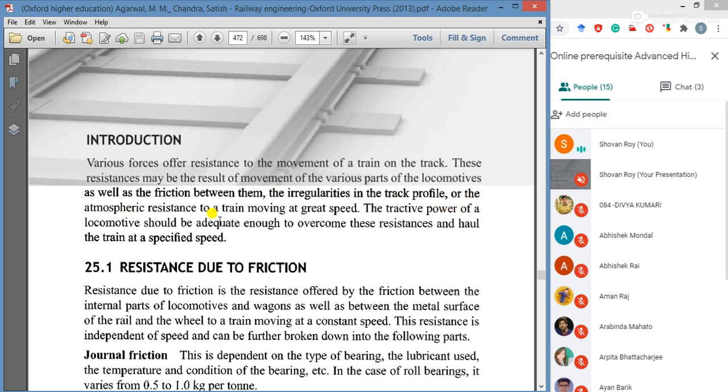Atmospheric means wind pressure, the main cause of atmospheric resistance to a train moving at great speed.